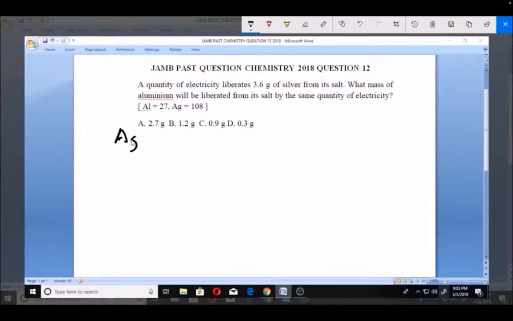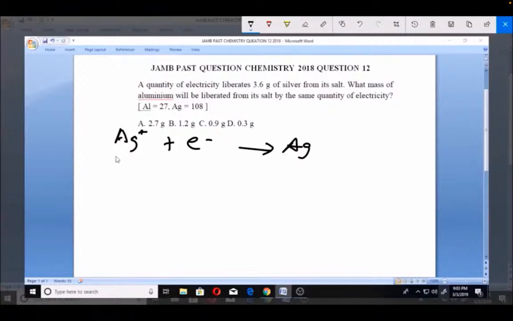Silver is plus, so we have one electron because it's just one valency. Once there is this, you have the deposition of your silver, just one electron. So 1 mole of electron in this case.